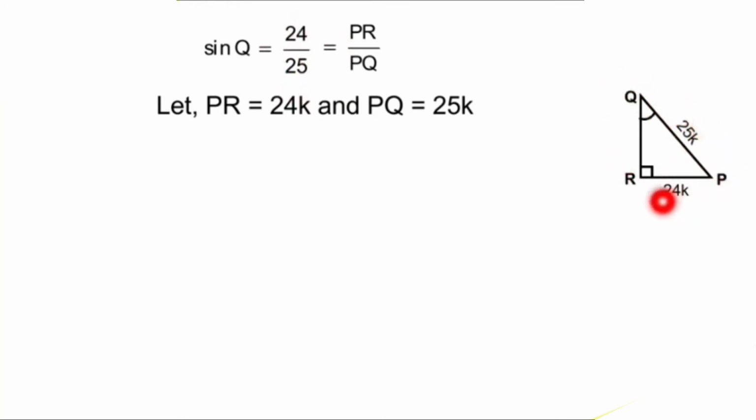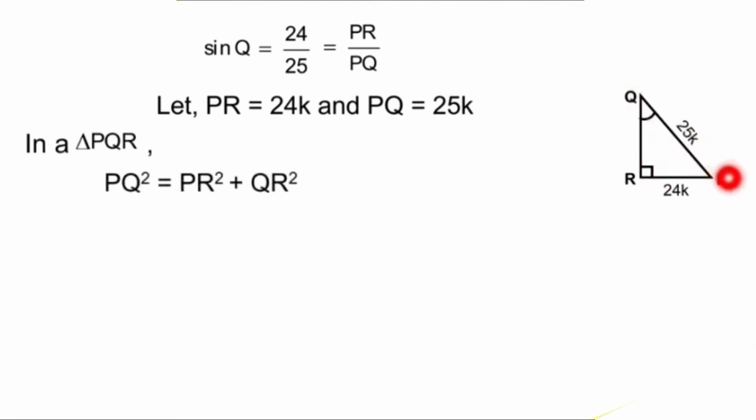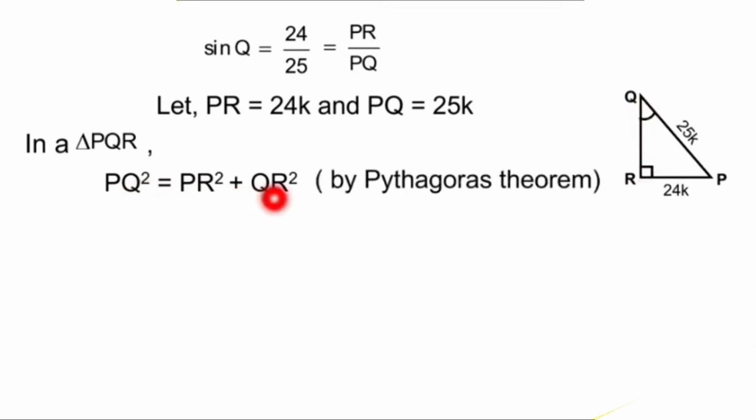Children, now let us find the length of the third side QR. We know that in triangle PQR, PQ square is equal to PR square plus QR square by Pythagoras theorem. Now let us substitute the values of PR and PQ in this equation.